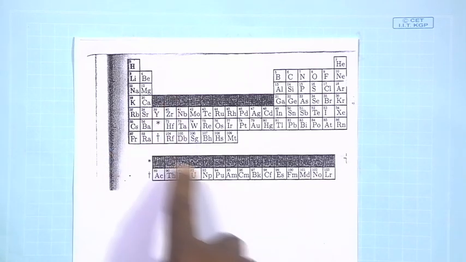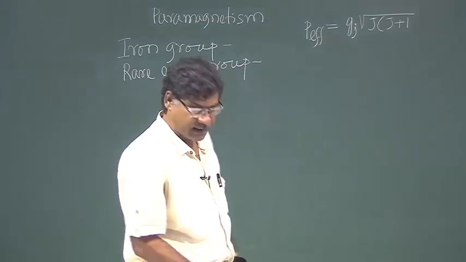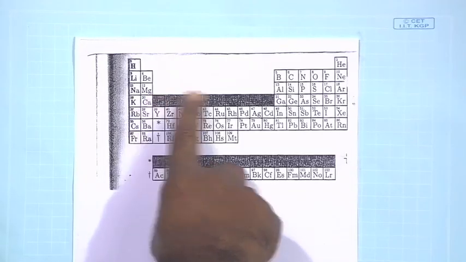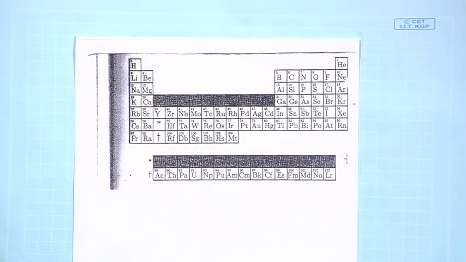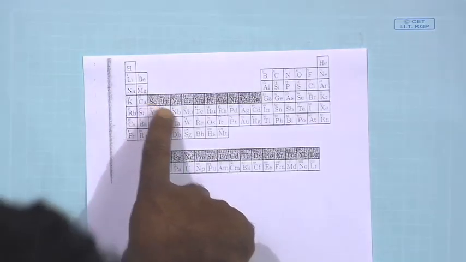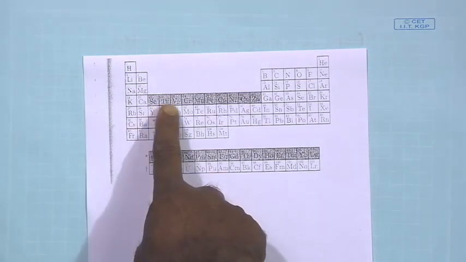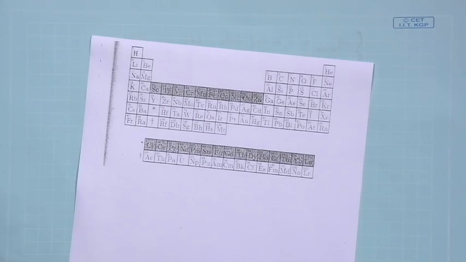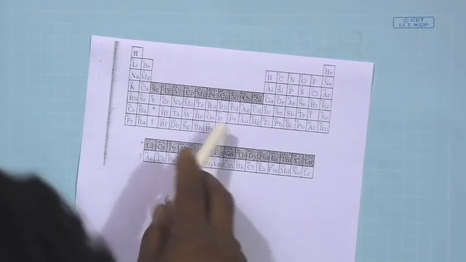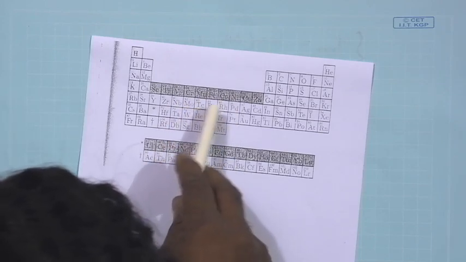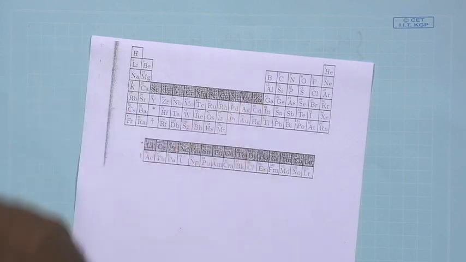So, these two groups, the salt of rare earth group and the salt of this transition metal group, iron group. You can see scandium, then titanium, vanadium, right, then chromium, manganese, iron, cobalt, nickel, right, then copper, zinc, okay.